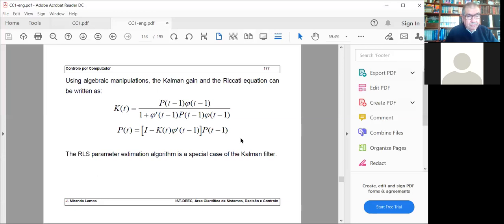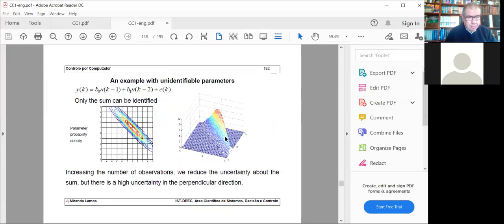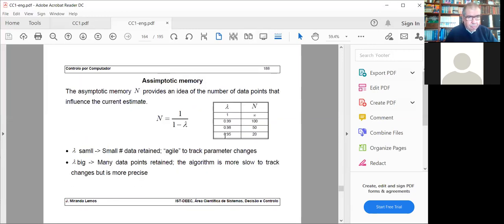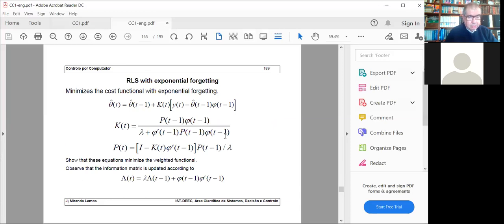So with forgetting, including that weight that I call the forgetting factor, when I forget the past data, I replace this 1 by lambda and I divide p by lambda. And I end up with this algorithm.